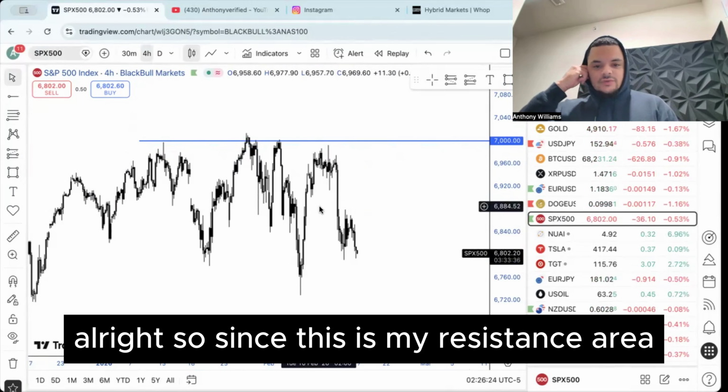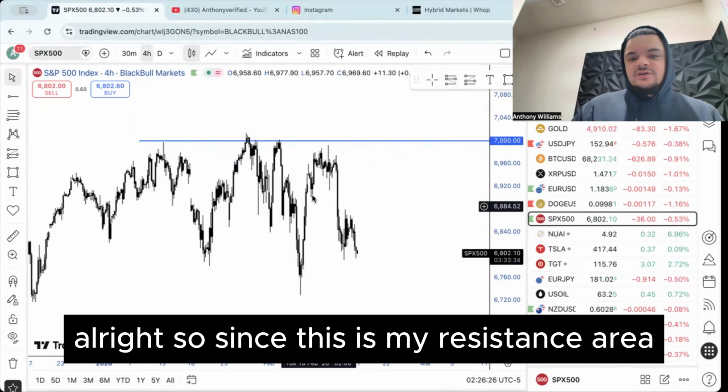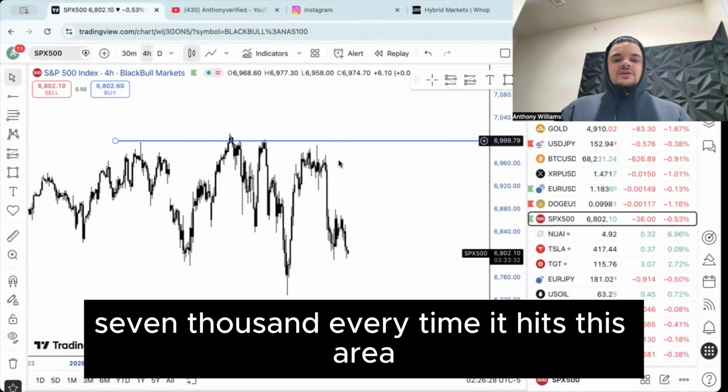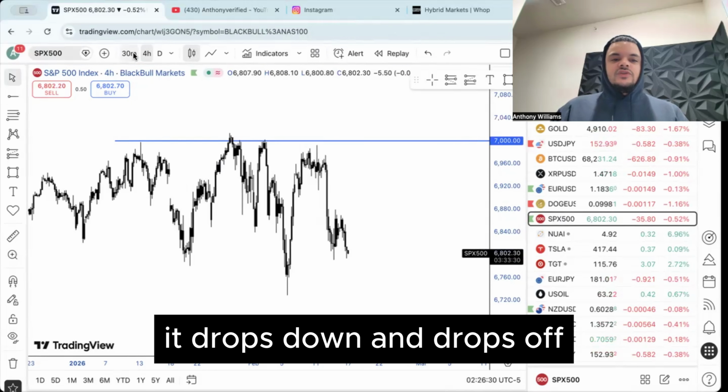Since this is my resistance area, every time it hits this area, it drops down and drops off.